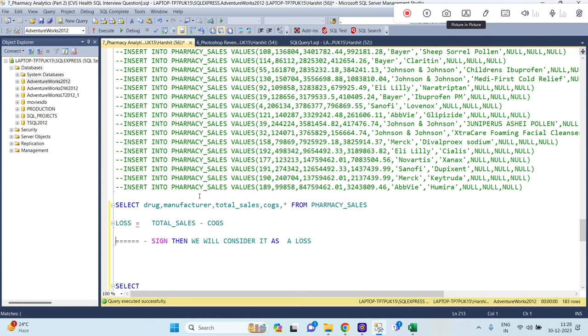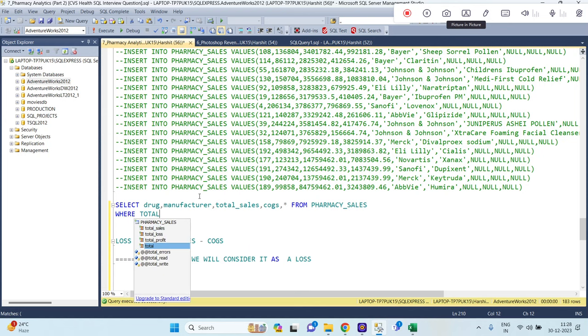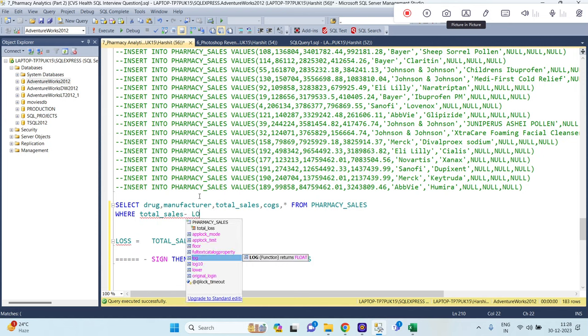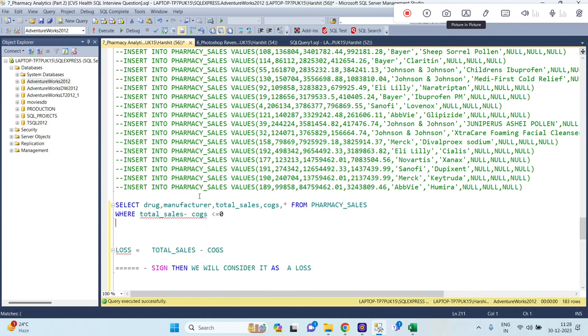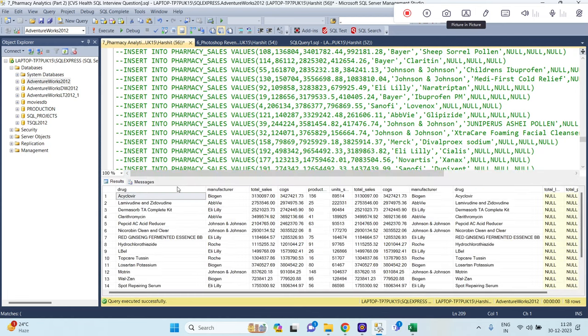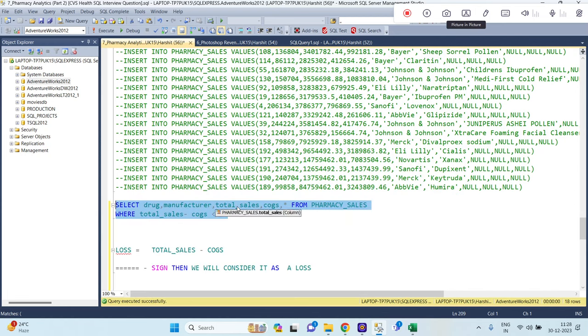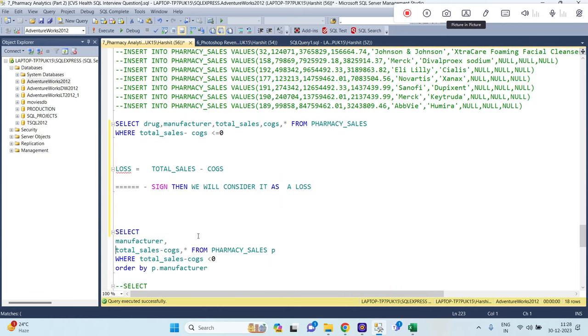Now over here we have to write the where clause, where total sales minus COGS less than or equal to 0, or we can say we have to consider only minus, right?